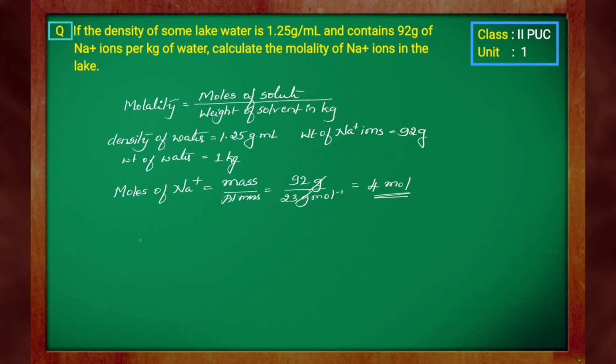So let's substitute into this formula. So molality is equal to moles of solute, which is 4 mole, divided by weight of solvent in kg. So here it's water, 1 kg. So therefore molality is 4. It is 4 mole per kg or 4 molal.